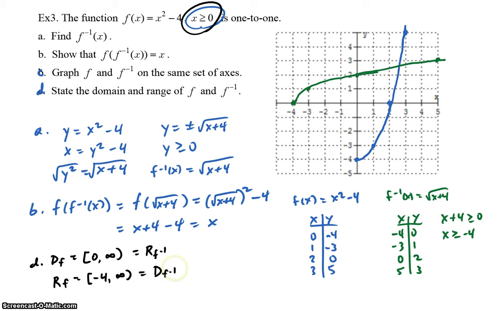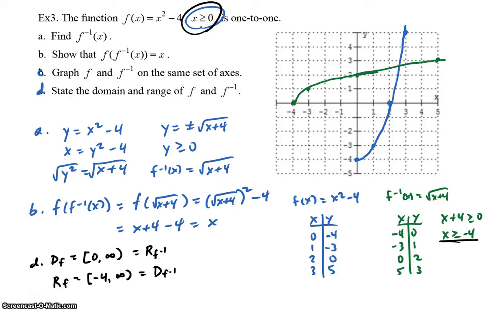In fact, that's what we put right here, that the x's have to be greater than or equal to -4. So what we can say about the x's for f inverse is what we would say about the y's for f. So the domain of f becomes the range of f inverse. The range of f becomes the domain of f inverse. This is a consequence of the fact that the roles of x and y are being interchanged when we look at these two functions.